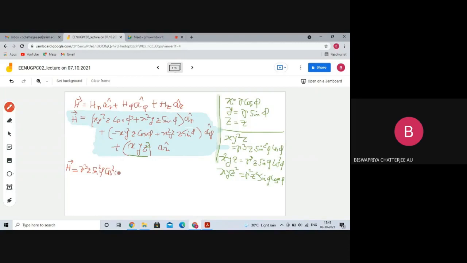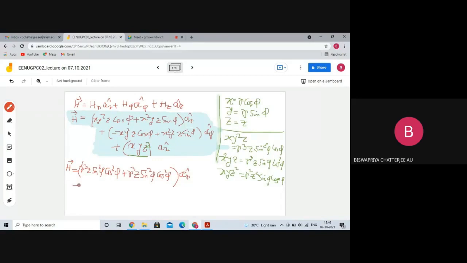Similarly, x square y z will be equal to r cube z into sin phi, so sin square phi cos square phi. So it must be multiplied with a_R cap. So it is 2 times this.